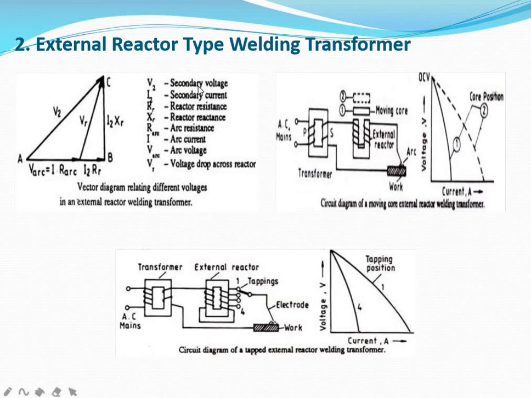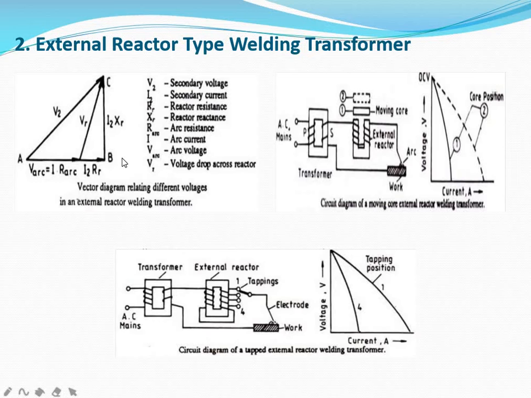Here V2 is the secondary voltage, I2 is the secondary current, R suffix r is the reactor resistance, XR is the reactor reactance, R suffix arc is the arc resistance, I is the arc current, V arc is the arc voltage, and VR is the voltage drop across the reactor.